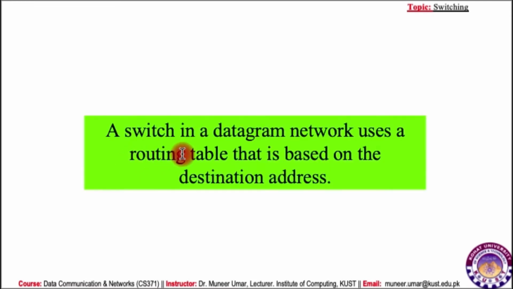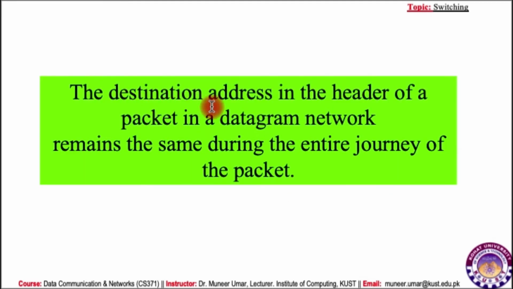A switch in a datagram network uses a routing table that is based on the destination addresses. The destination address in the header of a packet in a datagram network remains the same during the entire journey of the packet.